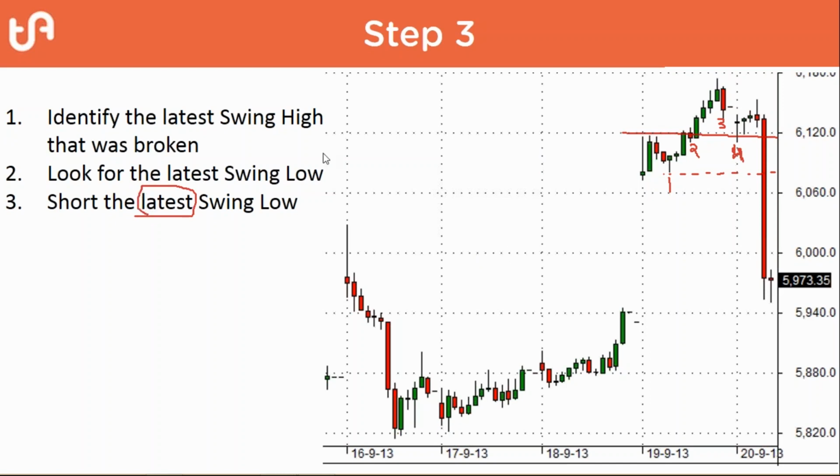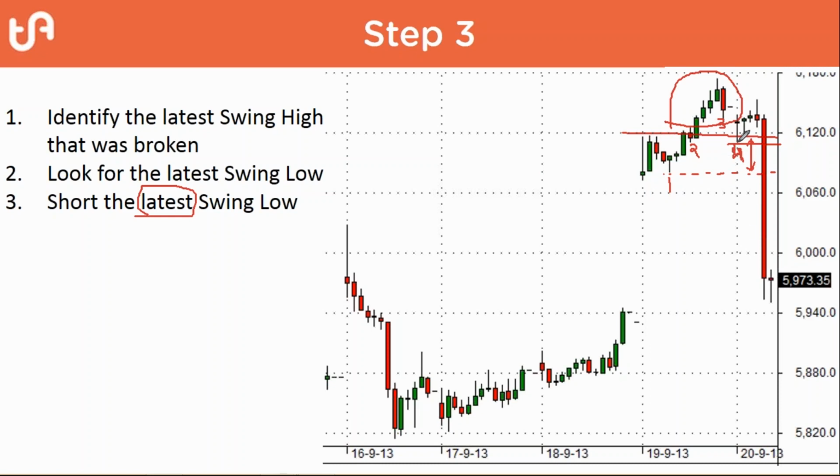The reason being, you want to make money from here to here also. And if this swing high is broken, that means it's a breakout. So price should have gone up, but it makes a swing low and then it breaks that. So here itself we know that this breakout was a fake breakout. So that's why we short at 4, so that we can take advantage of this move and then further down.